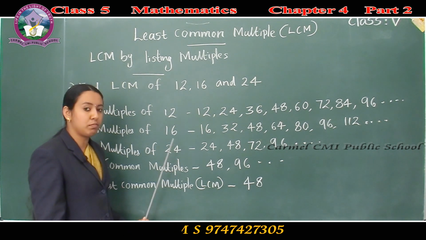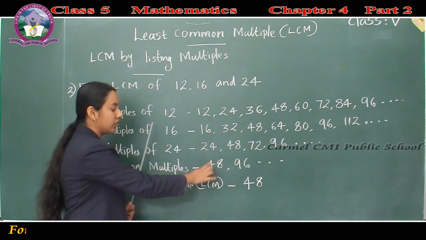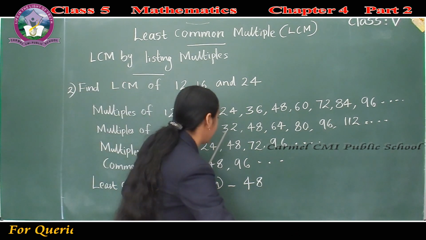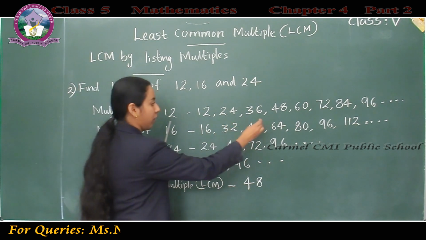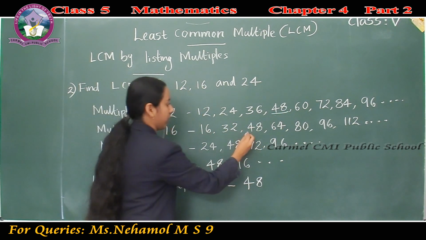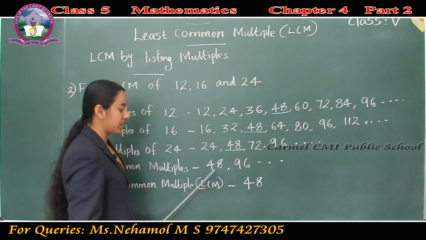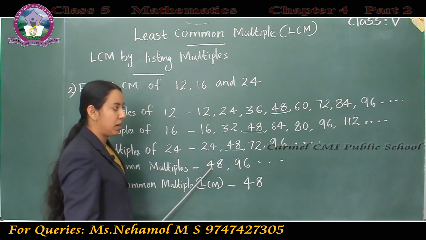Then next step we have to find common multiples. That means common in these three cases. Which are the common multiples? 48. 48 is here, here is also 48, here is also 48. So 48 is a common multiple.